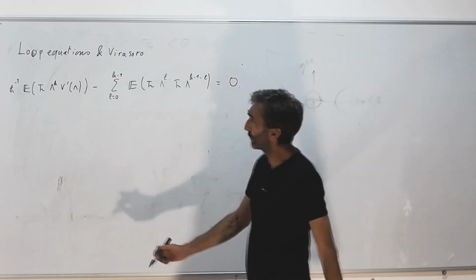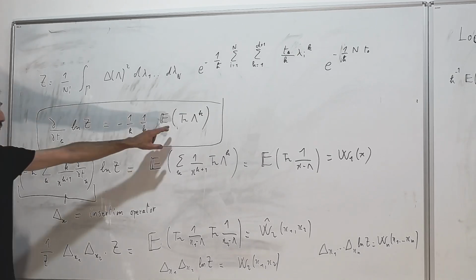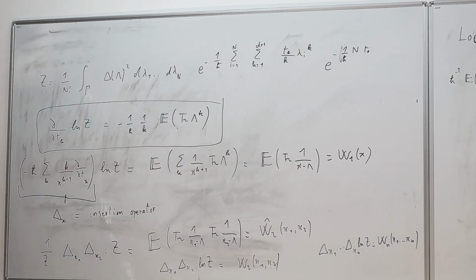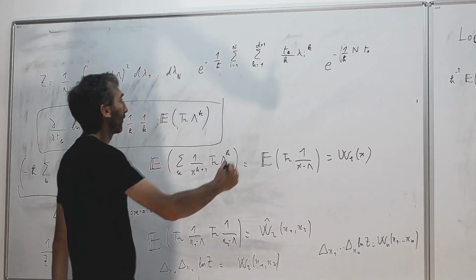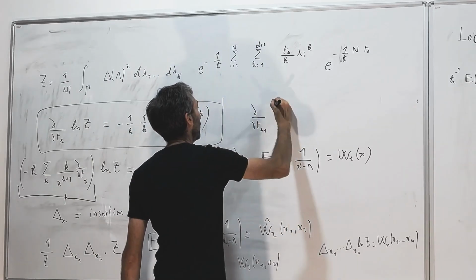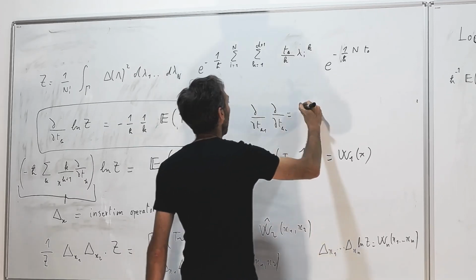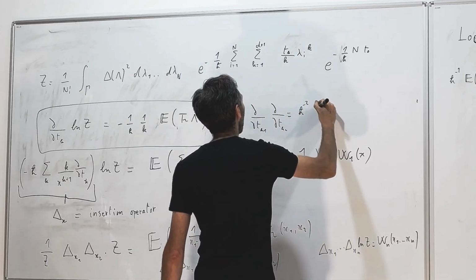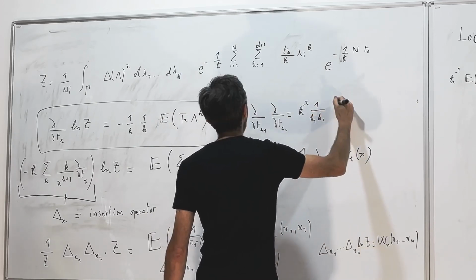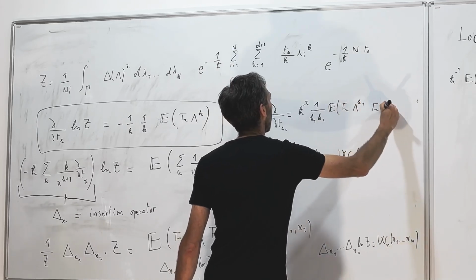As I just showed you, an expectation value of a trace is the same thing as acting with a d over dtk. Trace of lambda k is such an expectation value. For example, if you apply d over dtk1, d over dtk2, you will get h bar to the minus 2, 1 over k1 k2, the expectation value of the product of trace of lambda k1 and trace of lambda k2.